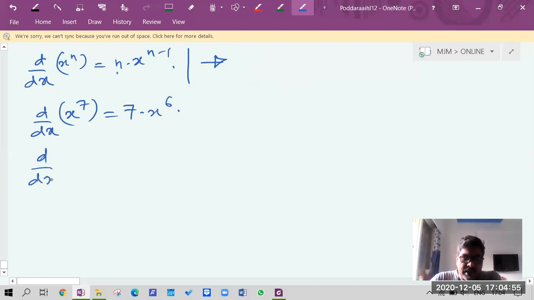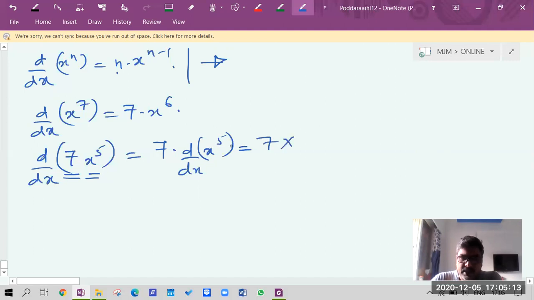But if I ask you what is derivative of, say, 7 into x raised to 5, so you see a constant is multiplied to a variable. In that case, you take the constant aside and differentiate x raised to 5. So again, 7 into derivative of x raised to 5 is 5x raised to 4. So the whole answer is 35x raised to 4.